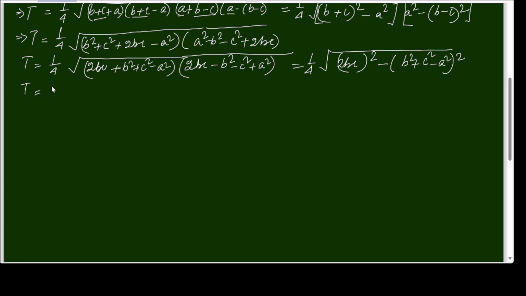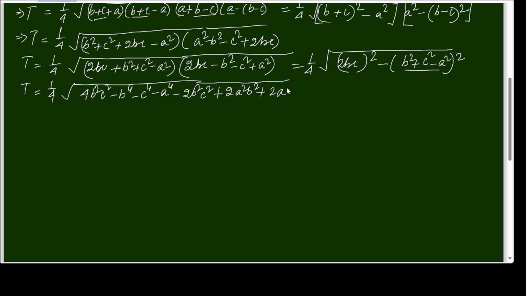So T is 1 by 4. Now I'm expanding again. So this will be 4B square C square. The second expansion will be minus B to the 4, minus C to the 4, minus A to the 4, minus 2B square C square, plus 2A square B square, plus 2A square C square.